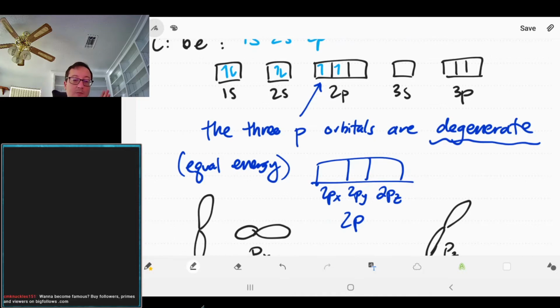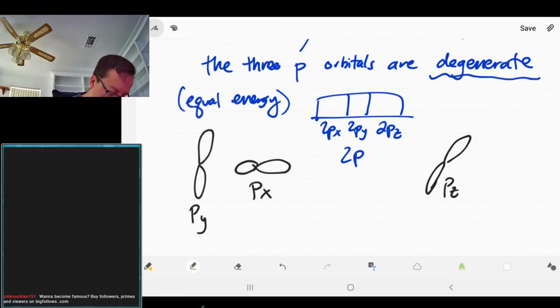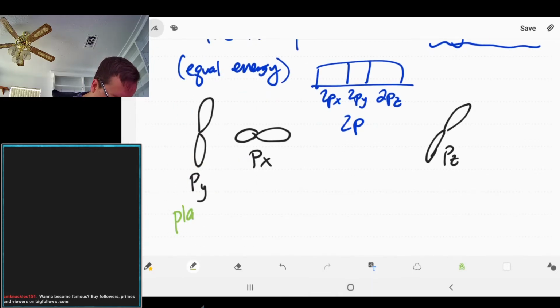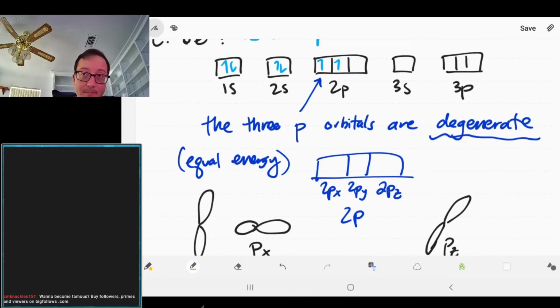So we want to kind of half fill our orbitals before we start pairing them off. That's the point of this here. So we will kind of place electrons separately into degenerate orbitals. Degenerate, again, meaning basically anything that's not s. So p, d, and f all have degenerate orbitals.